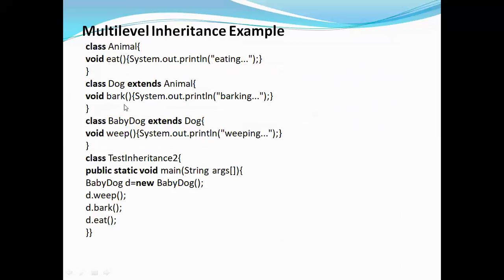I have a method in the Dog subclass, bark, where I'm writing barking. Now another subclass called BabyDog which is extending the Dog class. So here BabyDog is C, Dog is B and Animal is A. So C is extending B, B is extending A. BabyDog is extending Dog, so it is extending only B. It also has a method called weep where I'm printing only a statement, weeping.